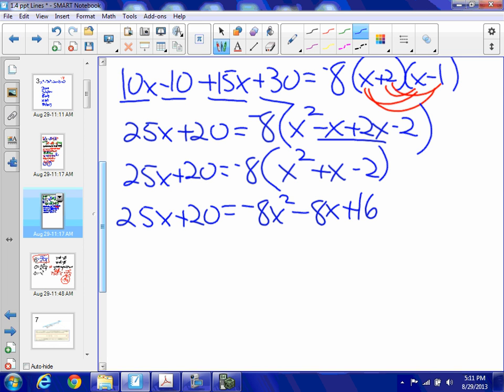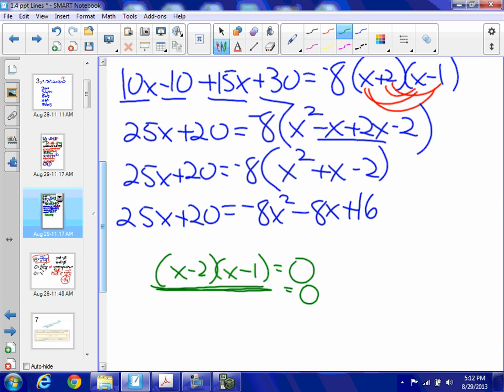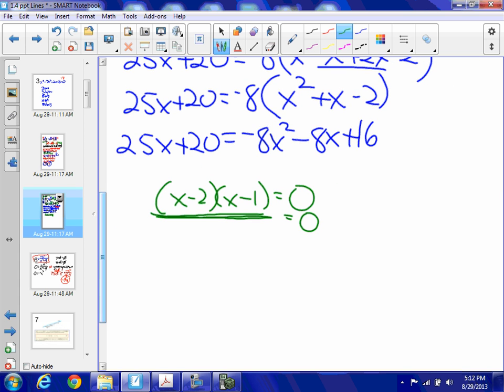Now, if you remember in that easy quadratic that I did just a minute ago, it was x minus 2, x minus 1 equals 0. And when we want to solve a quadratic equation, we want to get all of our terms on the left-hand side and make it equal to 0. Because that way we can either factor it or we can use the quadratic formula.